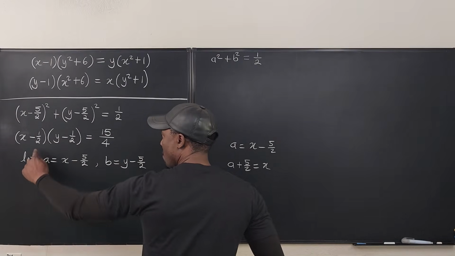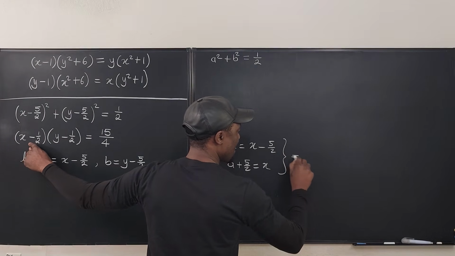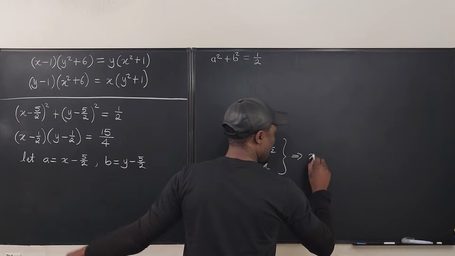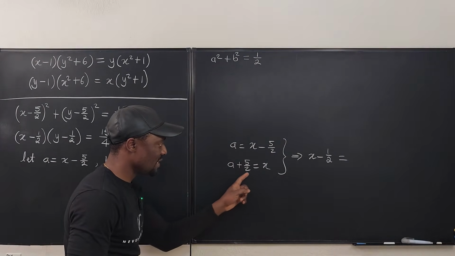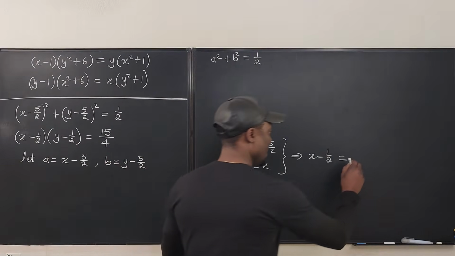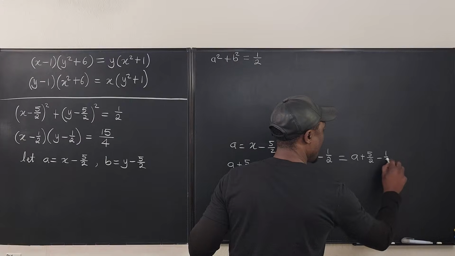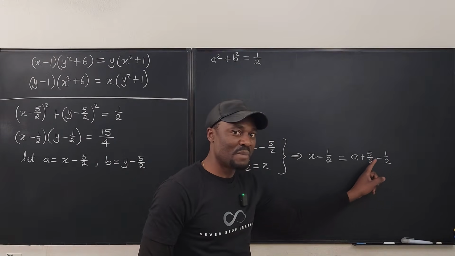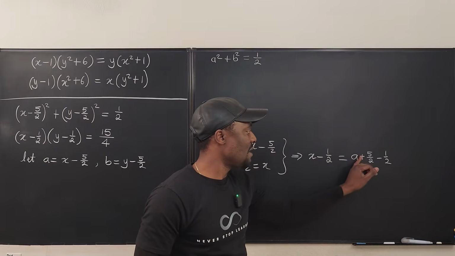So if we go here and we try to write this expression, so this means that x minus 1/2 can be written as, remember this is now representing x, can be written as a plus 5/2 minus 1/2. Well, 5/2 minus 1/2 is 4/2. 4/2 is 2. So this is a plus 2.